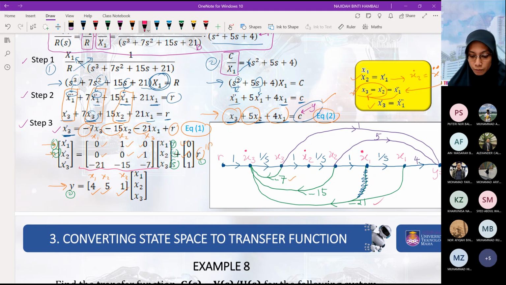Okay, so this one betul. Any question on the feedback path? Okay, for the feedback path, make sure your arrow is from right to the left. For forward, from left to the right.